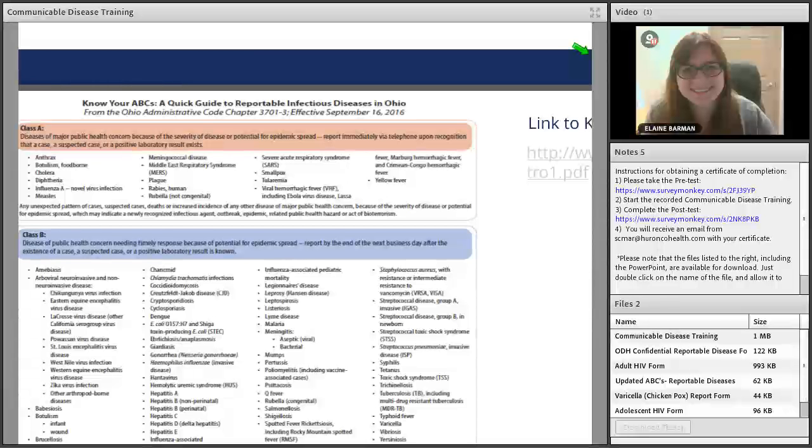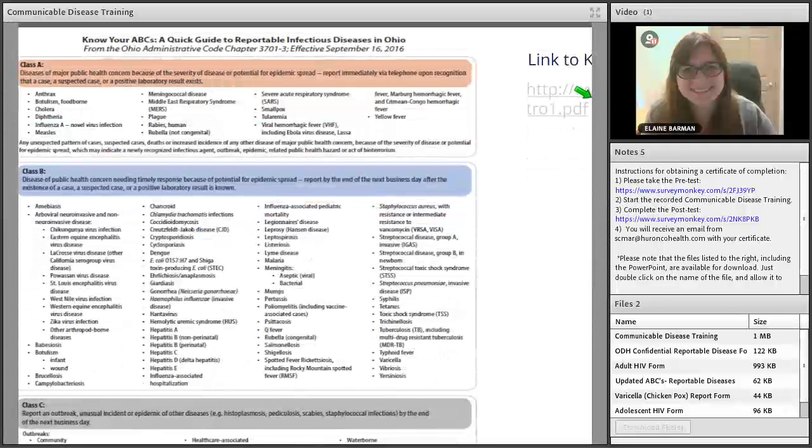So this is the Know Your ABCs form. And this is all of the diseases in Ohio that are reportable by law. And again, it's effective as of September 16, 2016. So this can be found in the Files section under Updated ABCs Reportable Diseases. So that's where you will find this form.